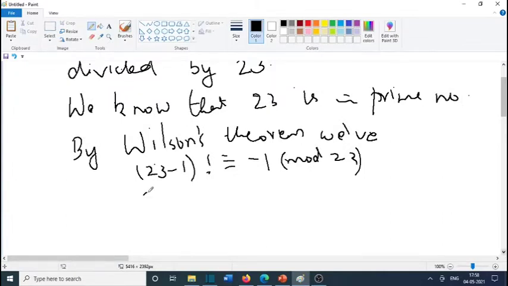So 22 factorial is congruent to minus 1 mod 23.